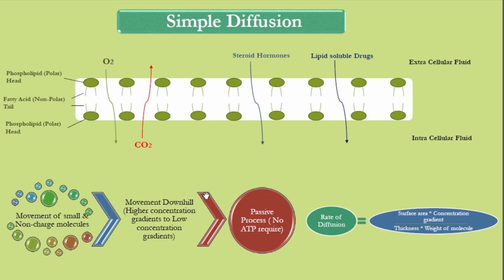In this type of diffusion, the molecules are small, meaning less than 500 Daltons, and uncharged. Since the movement is from higher to lower concentration, it does not require ATP or energy. So this type of movement, which is ATP independent, is called downhill movement.